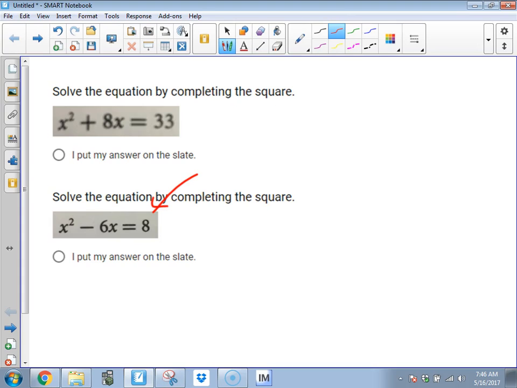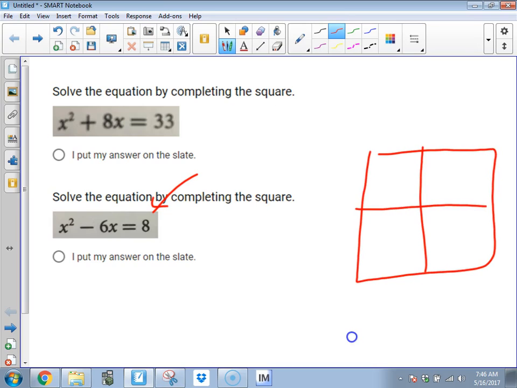Now what we're going to do is go to our box. The x squared gets put right here. Nothing gets put on the bottom right yet. We've got to think of two numbers that will multiply to something and two numbers that will add to something. The only piece that I do know is the part that they add to.